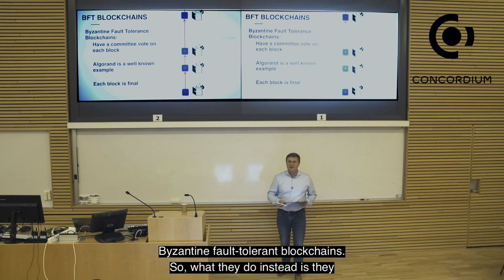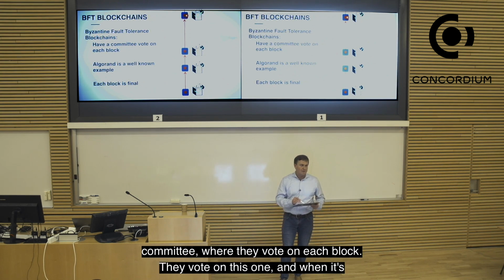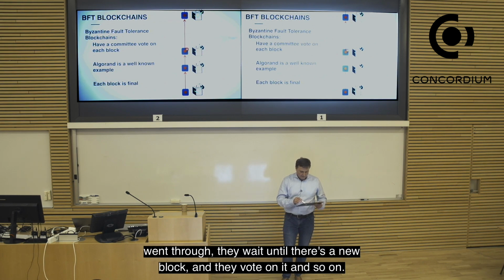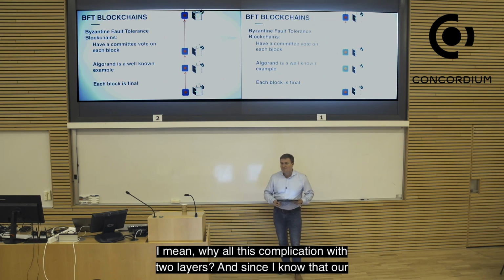So what they do instead is they don't have a Nakamoto-style blockchain underlying. Instead, they have a committee where they vote on each block. When it's gone through, they wait until there is a new block and they vote on it and so on. And then they just build a chain where every block is final. I mean, isn't that better?